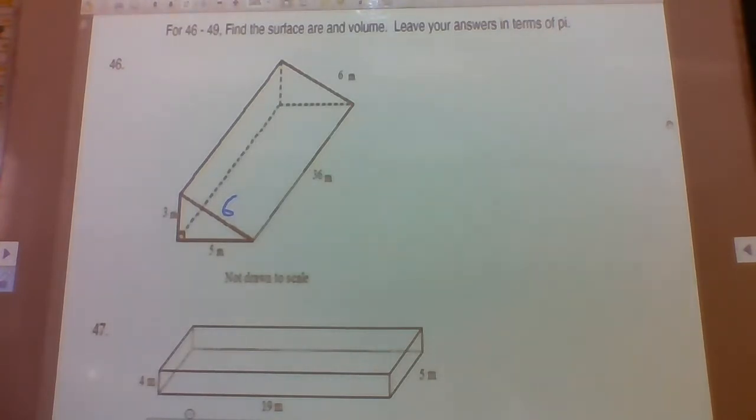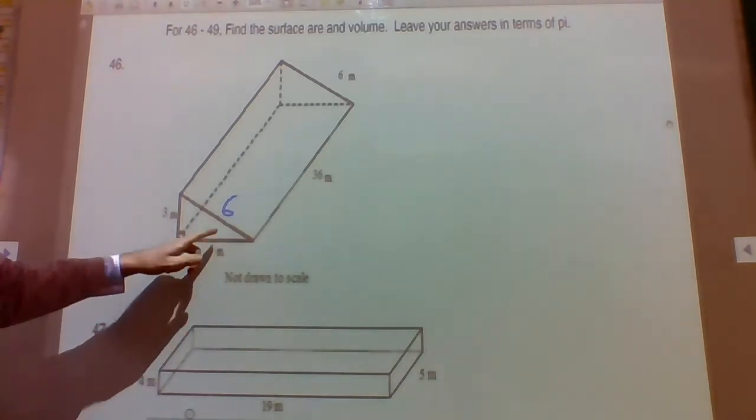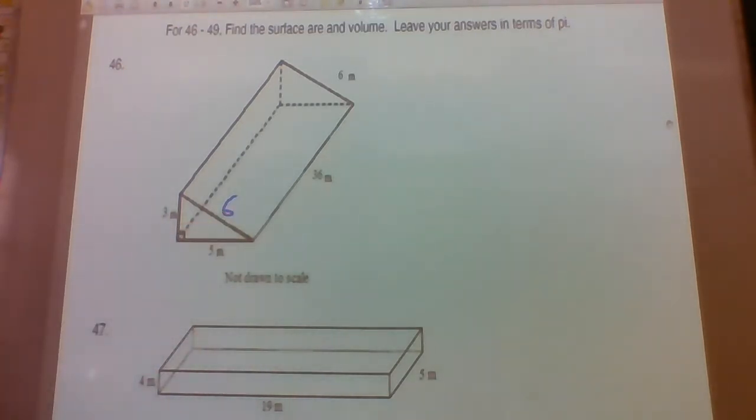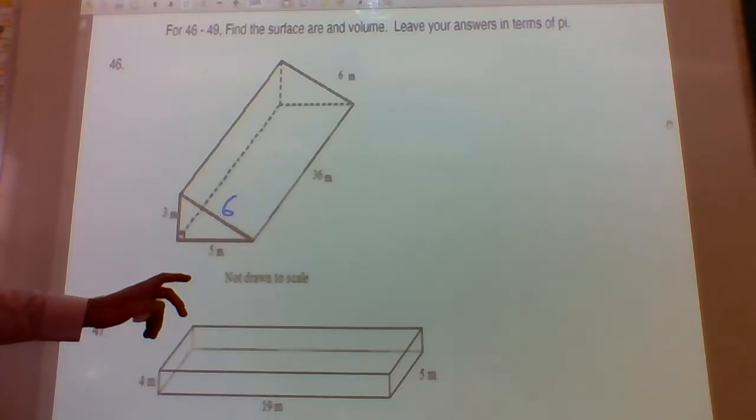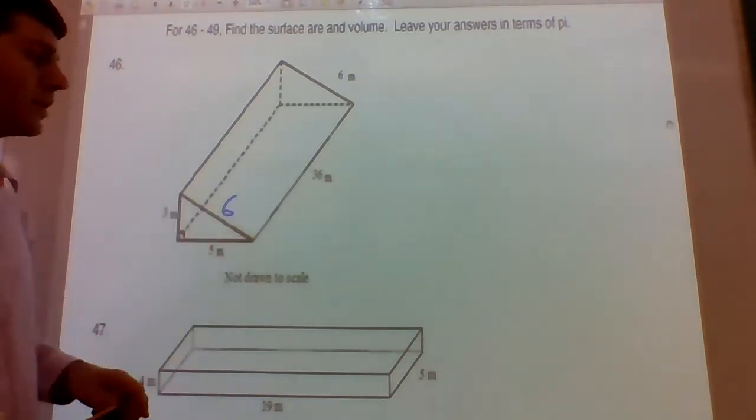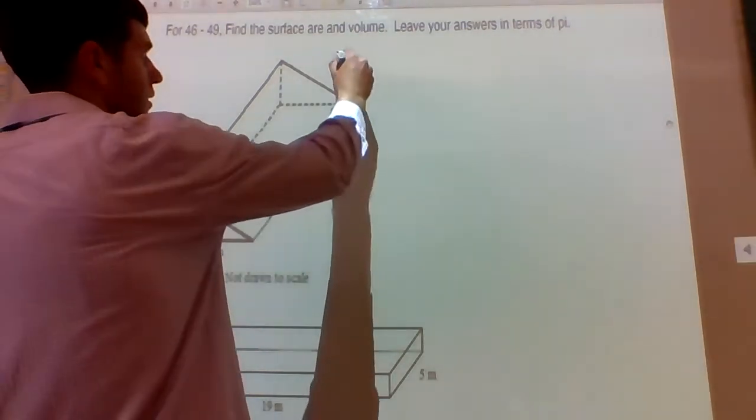The reason it doesn't make any sense is because 3 squared plus 5 squared is not going to be 6 squared. You can't have 3 squared plus 5 squared equals 6 squared, but let's just go with it.